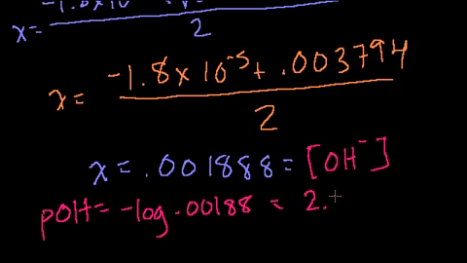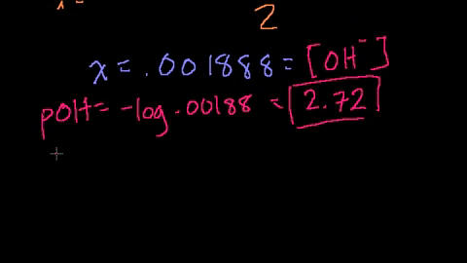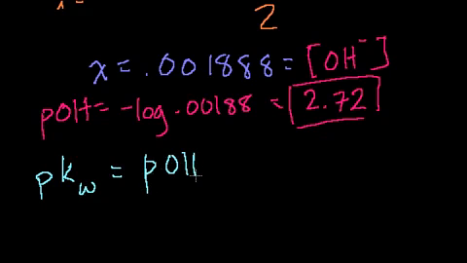So it's 2.72. And now, if we want to figure out the pH, so how much my concentration of hydrogen ions, just remember when you're in an aqueous solution at 25 degrees Celsius, your pK of water is equal to your pOH plus your pH.